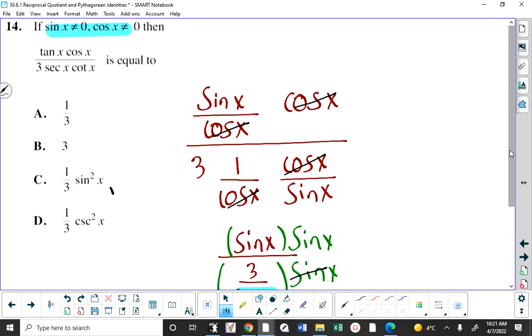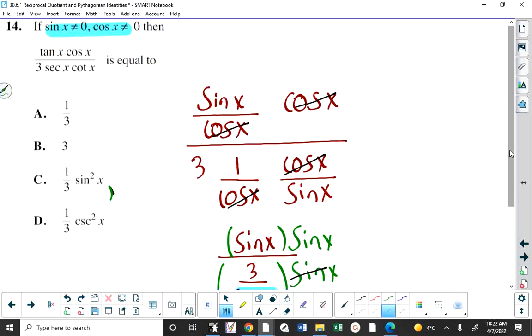I think we've talked about it in Math 31 already, that even though you might be able to get rid of those denominators, the non-permissible values are still there. So it should actually say, comma, sine x is not equal to 0. And weirdly enough, cosine x is not equal to 0, even though there's no cosine there.